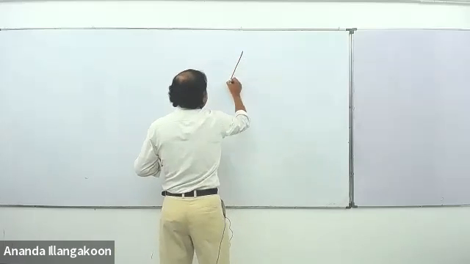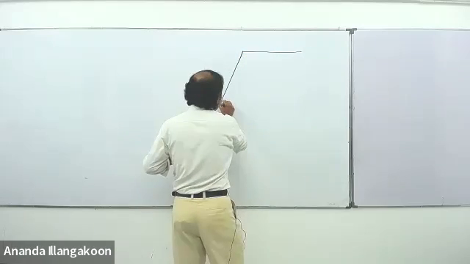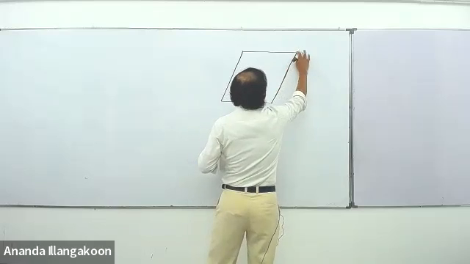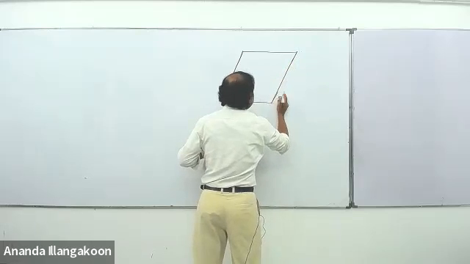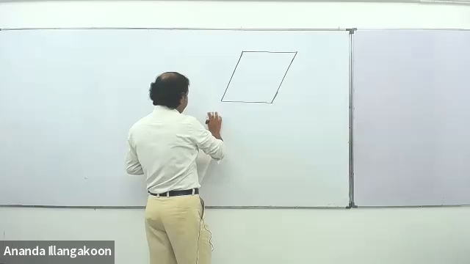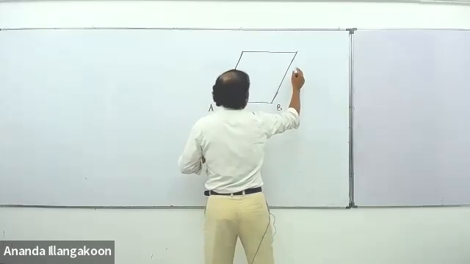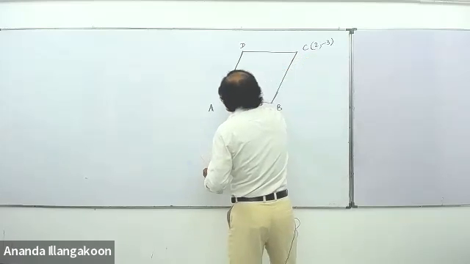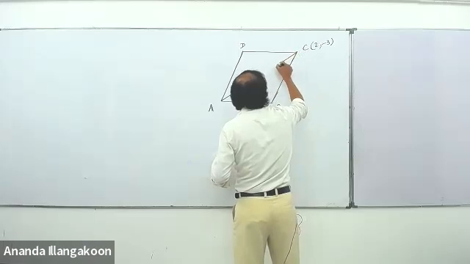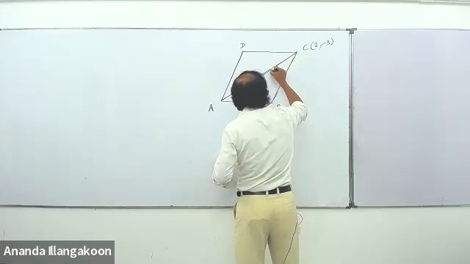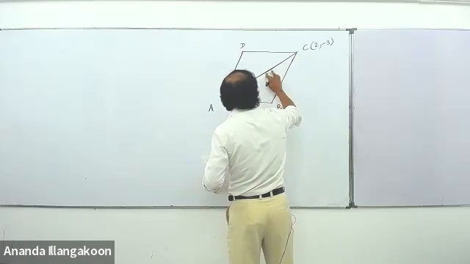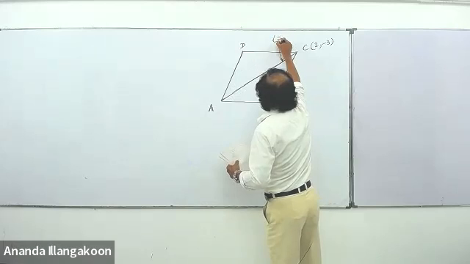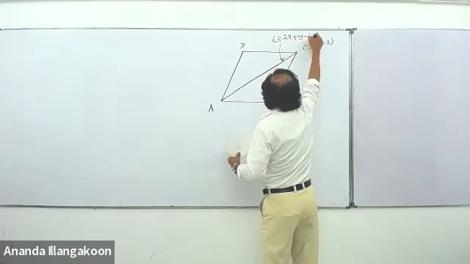You take this, see? The rhombus A, B, C, D. We are given C(2, -3). The AC diagonal is given as L, with the equation 2x plus y minus 1 equals 0.